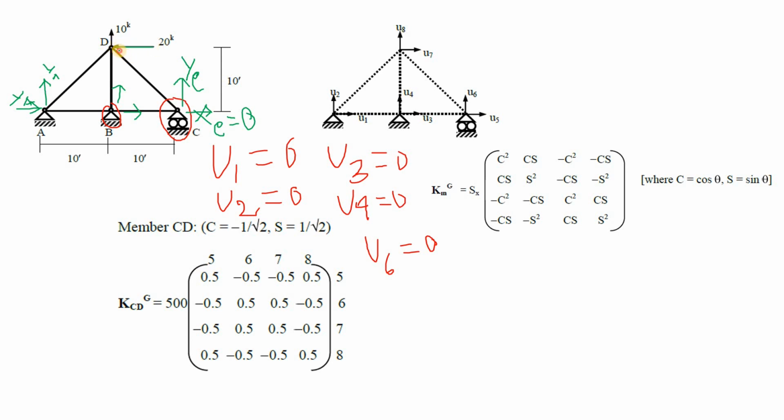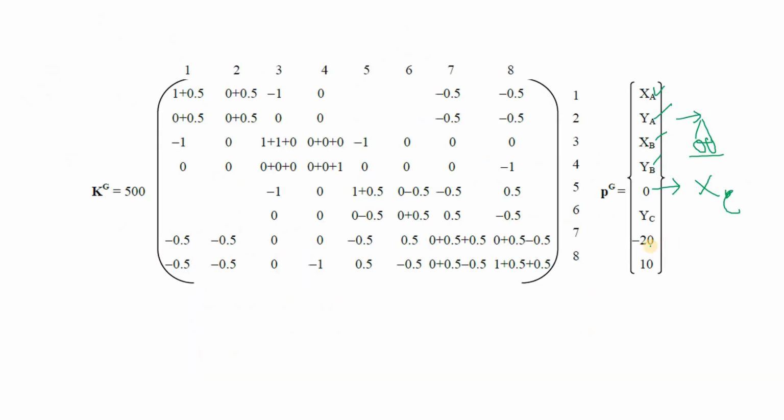From our sign convention, we know that this is a negative force, and since 10 is acting upward, we know that this is a positive force. So that is what we have placed here, the negative horizontal value at point D. So this minus 20 is the XD value, and this positive 10 is the YD value. I hope this makes sense to you.